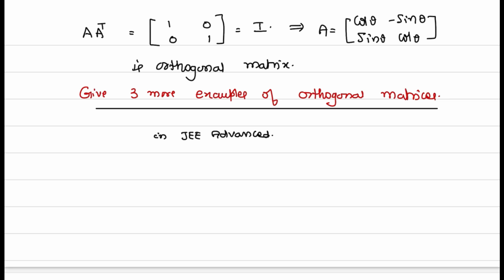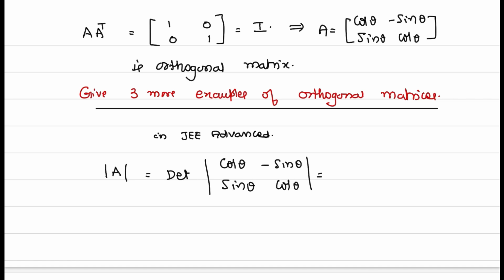And what is the determinant of an orthogonal matrix? It is plus or minus 1. Now we will find out the determinant of A, that is equal to the determinant of cos theta, minus sin theta, sin theta, cos theta.